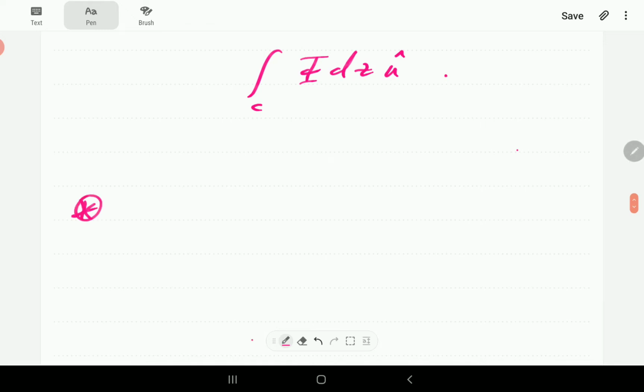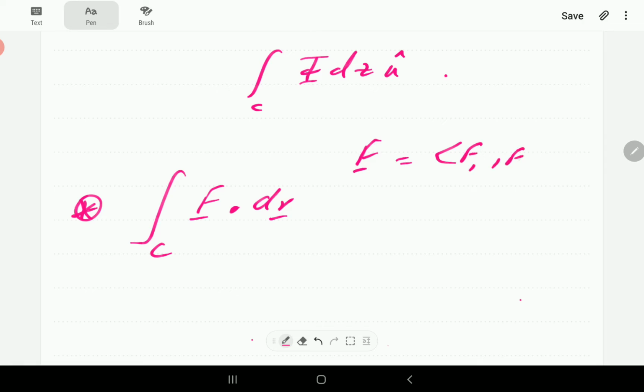The second type of contour integral that we're typically going to be working on is the integral of f dot dr. So remember we said f is that vector function f1, f2, f3.